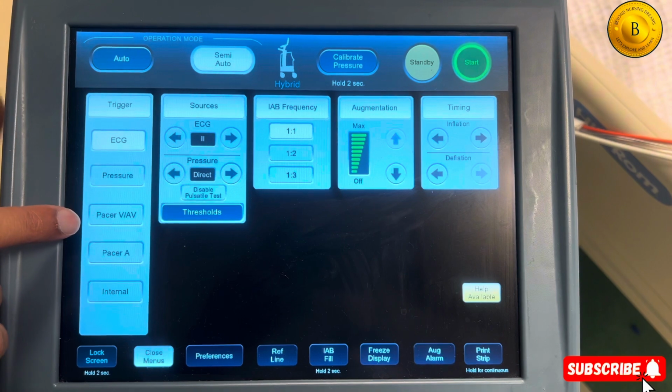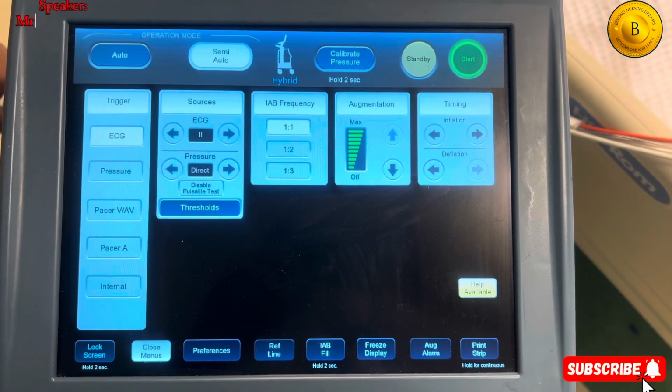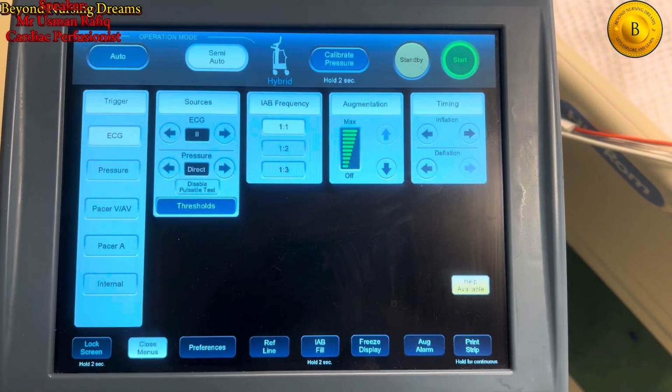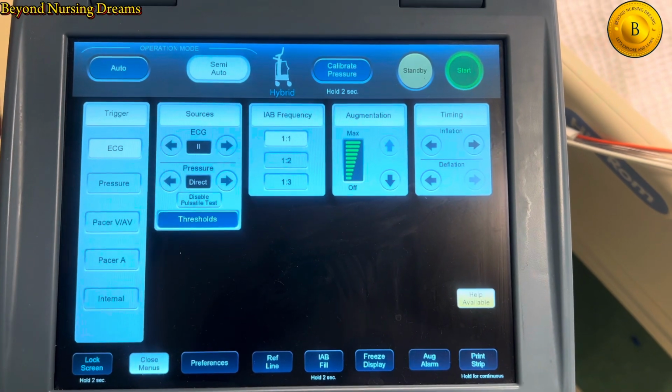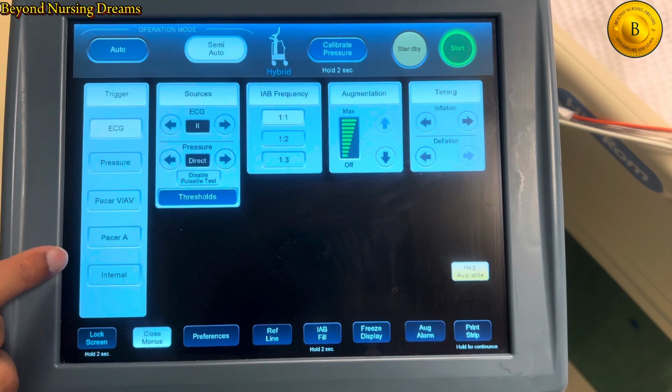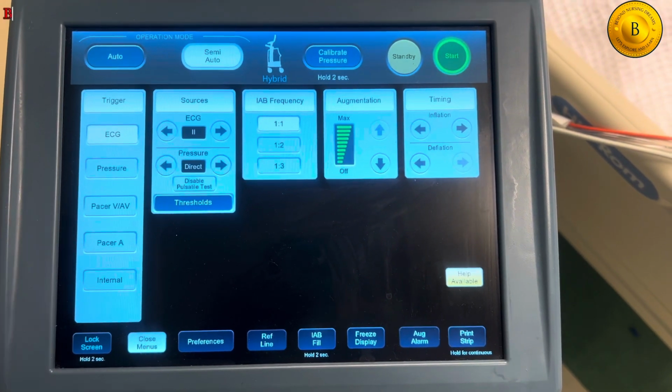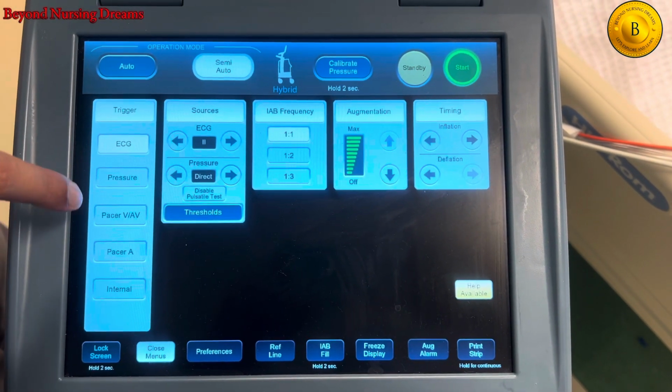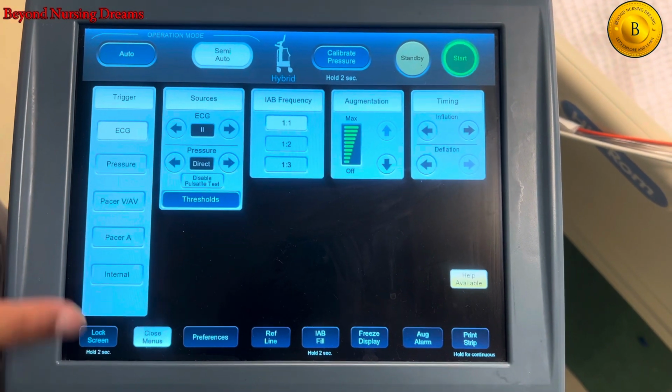We use pacer V and AV when the patient is on pacing mode. When a TPM, a temporary pacemaker, is there, then we convert to pacer V and AV. If the patient is in an arrhythmia condition, then we also go to pacer V and AV.